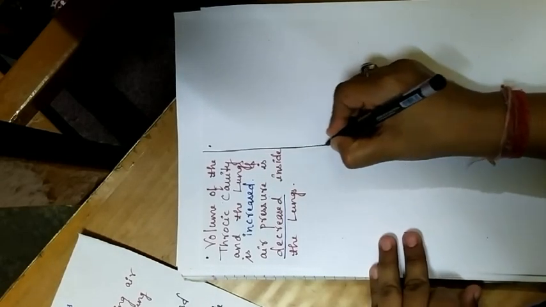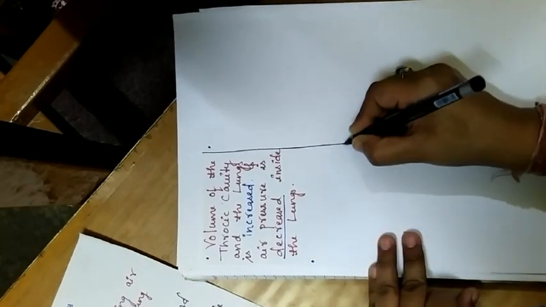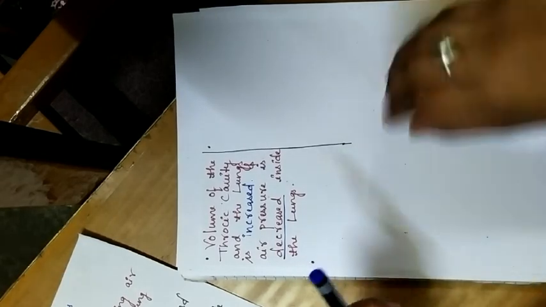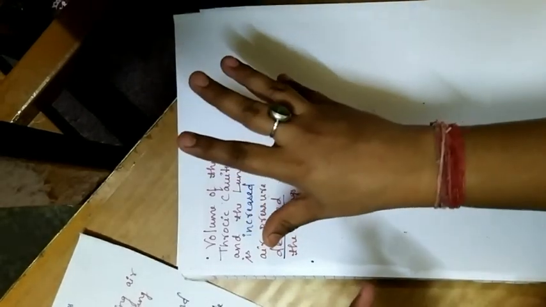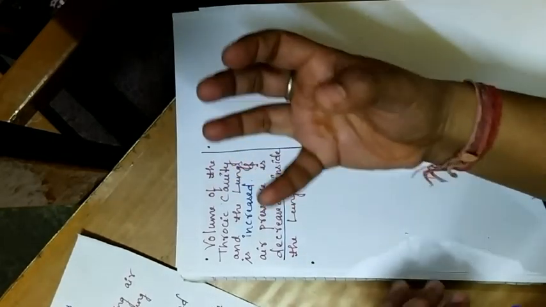So then what happens is, as I just told you, the air from the atmosphere has the higher pressure, so it rushes inside the lungs through our nostrils, and fresh air fills our lungs, right?